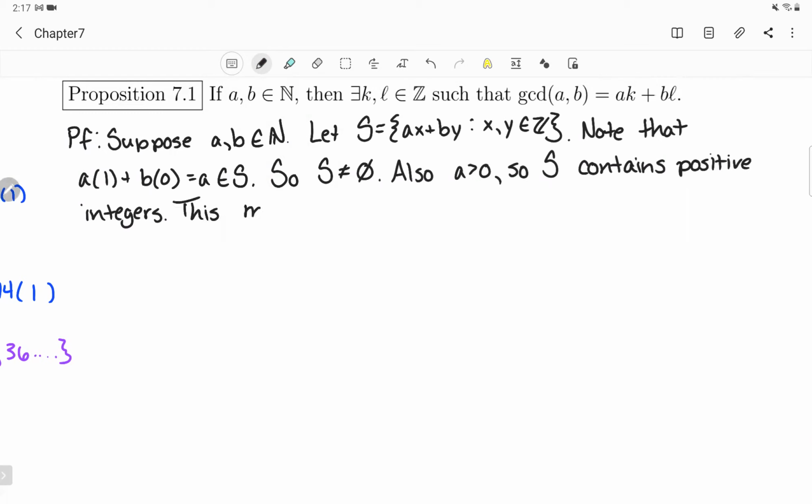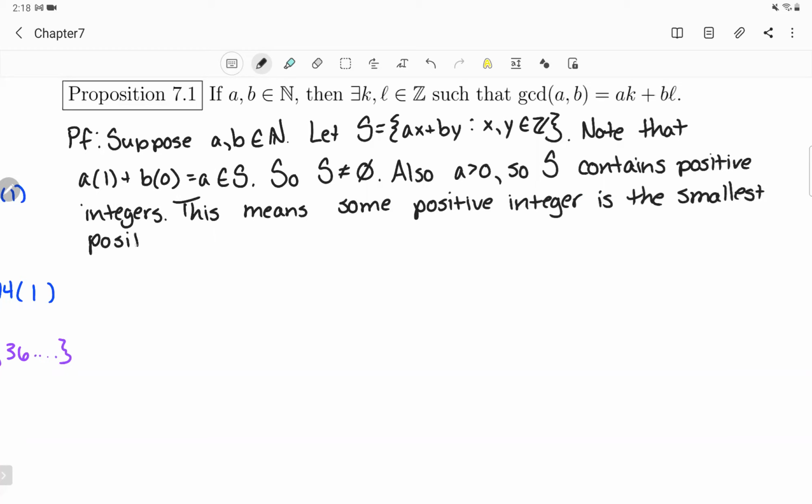This means some positive integer is the smallest positive integer in S. Call it D. All right.